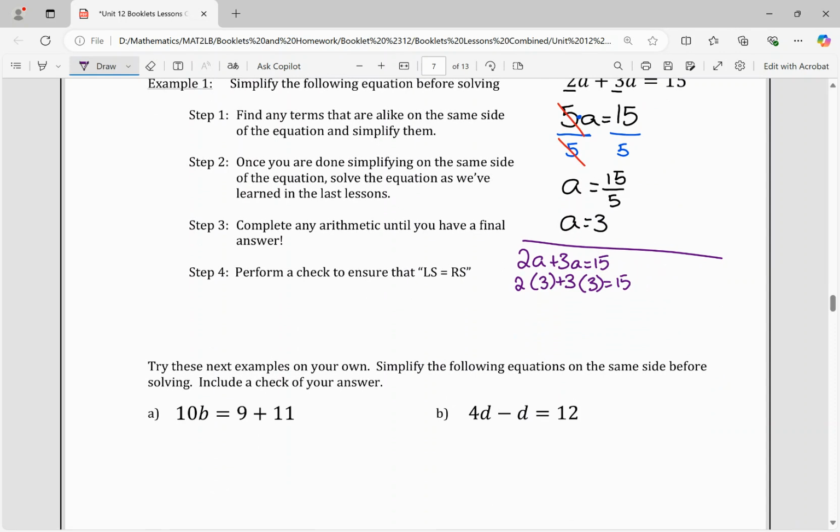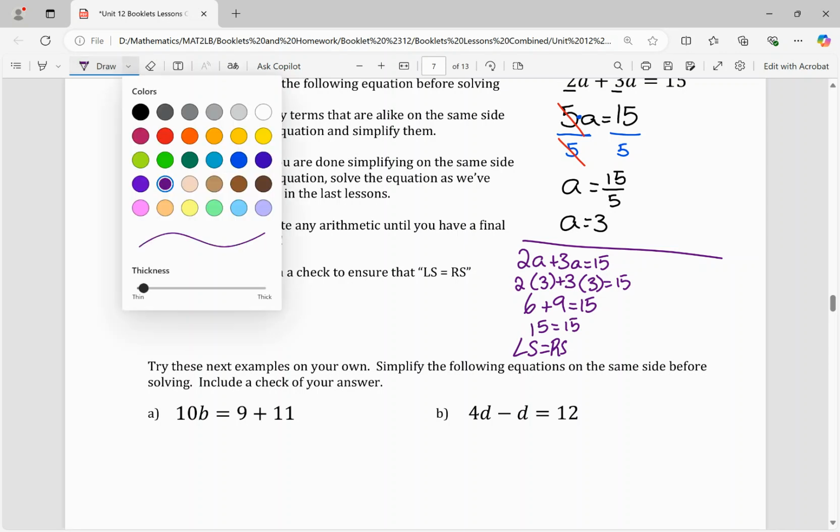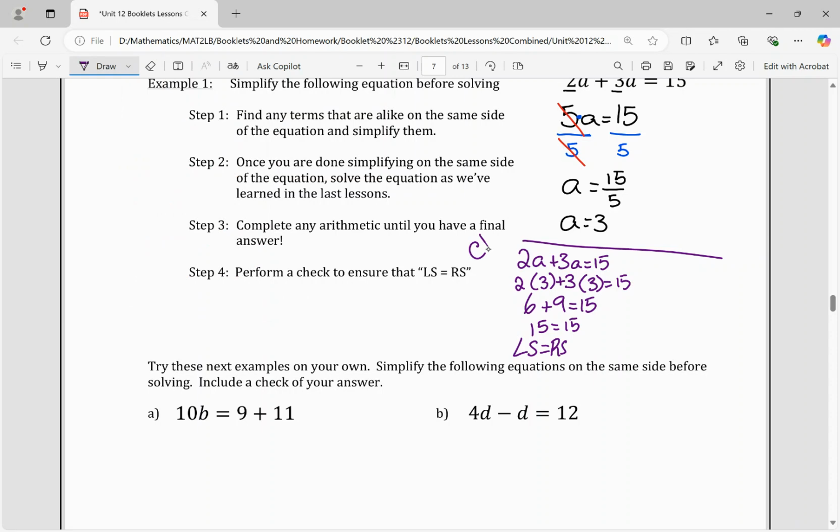Remember that when solving, multiplication happens first. So 2 times 3 is 6, plus 3 times 3 is 9, is equal to 15. And 6 plus 9 is, in fact, 15. So 15 equals 15. Left-hand side equals right-hand side. And we know that we have the right answer. So again, that was us checking our work.